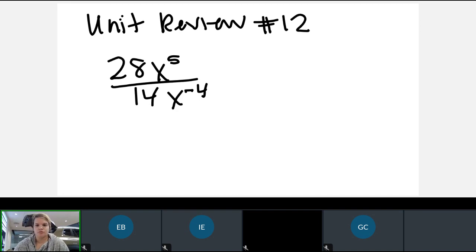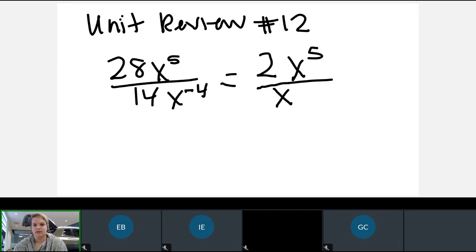But what would you do first? Sure, you can divide the bases. That's perfect. Okay, so if we divide the bases, we would get 2 x to the 5th divided by x to the 4th, right? Yep, exactly.